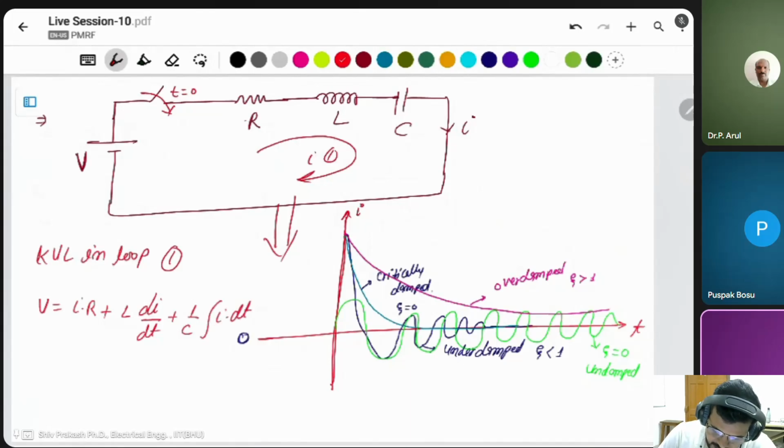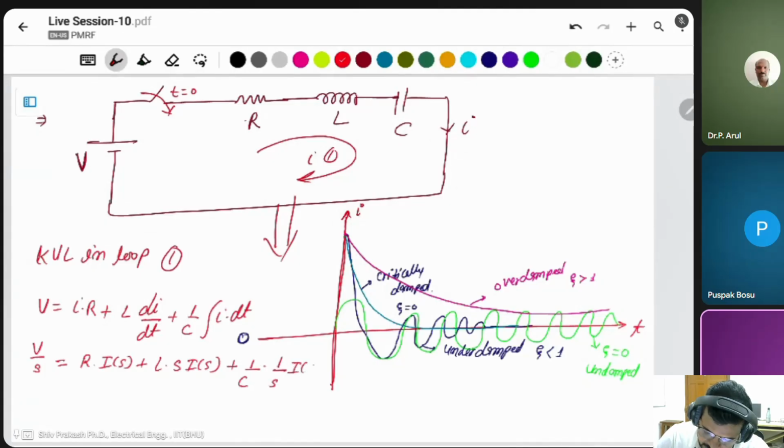We can change this into Laplace. This will be V by S is equal to R into I(S), the Laplace of the current, plus L into S I(S), since d by dt is denoted as S, plus 1 by C times the integration, whose Laplace is 1 by S, so 1 by C into 1 by S I(S).